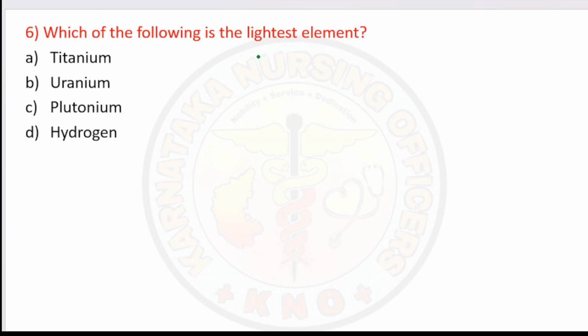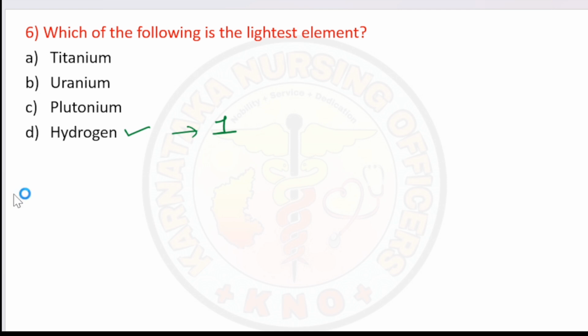So among these four, hydrogen has the lowest atomic value, correct? So what is the atomic number of hydrogen? That is 1. Okay, hence hydrogen is called the lightest element in the periodic table.